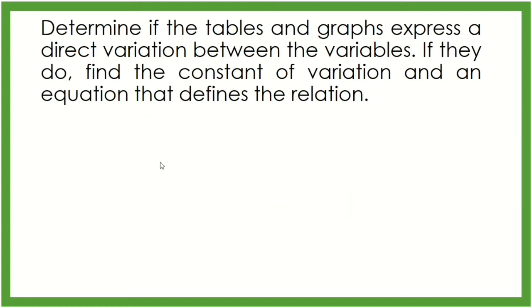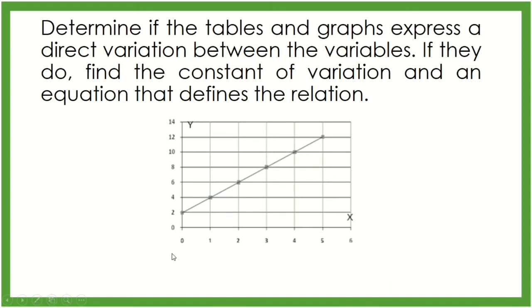Okay, let's have another example. Okay, so we have here another graph. Kung mapapansin natin, ang graph natin is a line. So, tignan natin kung nag-pass through siya sa 0, 0 or origin. So, as you can see, hindi siya nag-pass through sa origin. It means this is not a direct variation.